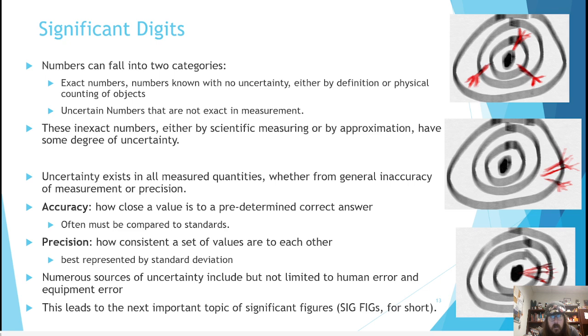So in this case, numbers can fall into two different categories. Exact numbers. Exact numbers are numbers we know without any uncertainty. They're often going to be numbers we have defined. We have previously defined this is that number. Like we can report pi to as many places as we want because of the definition of what pi is.